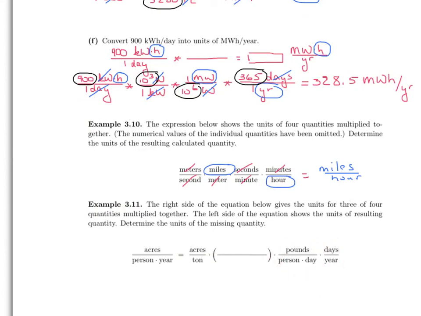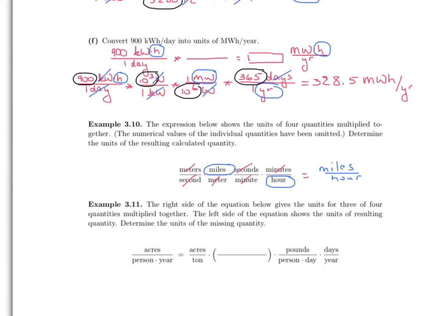Again, the numerical values of these 4 quantities have been omitted. We're just looking at the units. So imagine we're multiplying together these 4 quantities, and you're only seeing the units here. And when you're done, these are the resulting units of your answer.